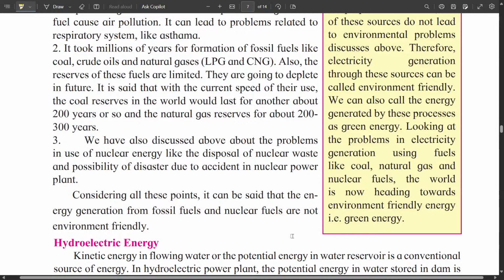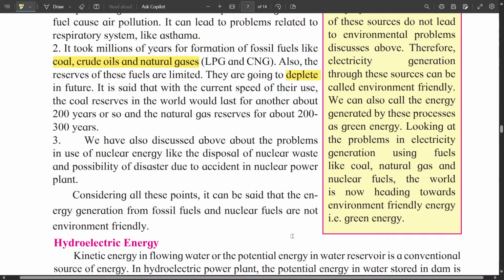Then the second problem with these conventional energy sources is that formation of fossil fuels like coal, crude oil and natural gas took millions of years, and we are depleting them at a very fast rate.